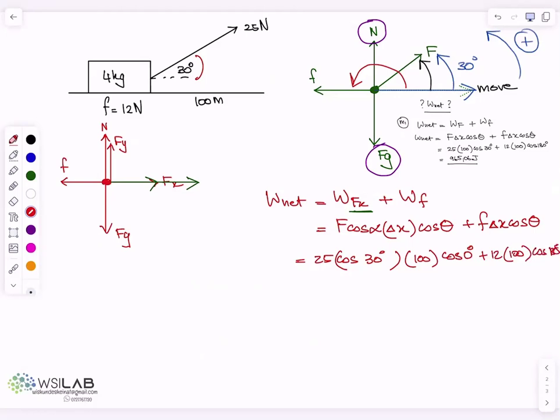Now look at this. It's exactly the same as the previous one. There's a 25, 100, a cos 30. So the answer is going to be exactly the same. You see that? It's just difficult, this one. This is if you still use the x component in a free body diagram.